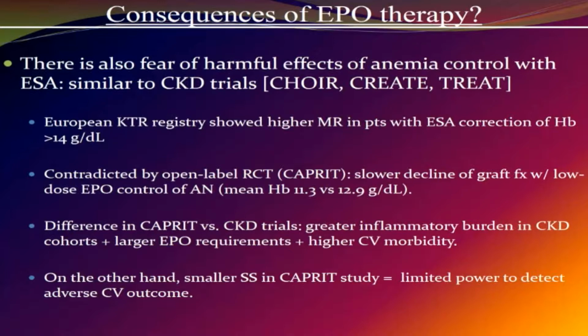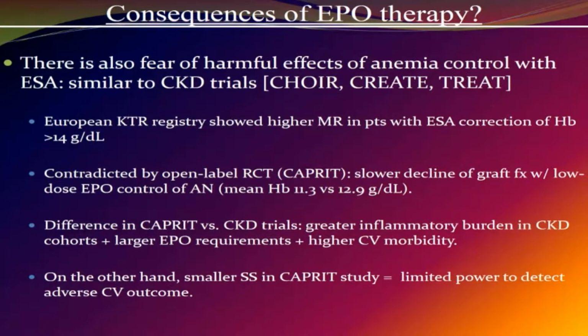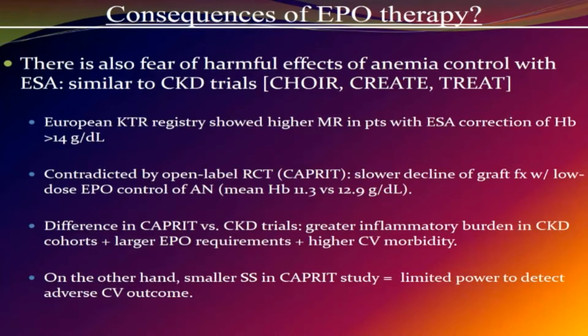In fact, there is a European registry study that tends to show similar findings to what we have in CKD trials. And in these studies, it showed there is a higher mortality rate in patients who are given erythropoietin stimulating agents, to correct hemoglobin in excess of 14 grams per dL. However, this study was contradicted by CAPRIT studies that show that there is a slower decline of graft function with erythropoietin control of anemia.